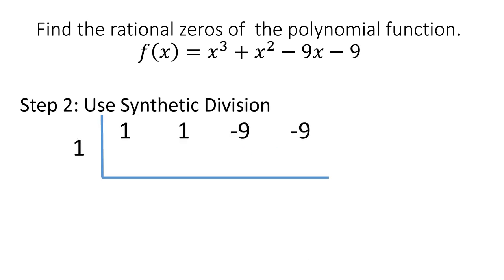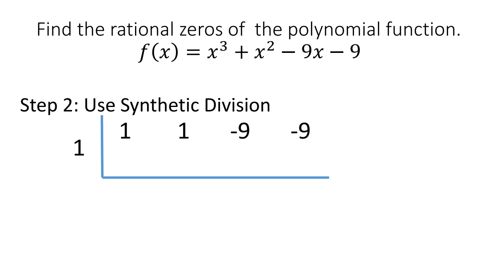Okay, so if you want to find the zeros for this polynomial function, you could take your polynomial here, and if you are comfortable with trying to factor by grouping, then you can do that. Or if you are not sure how to factor by grouping, then we can use synthetic division.